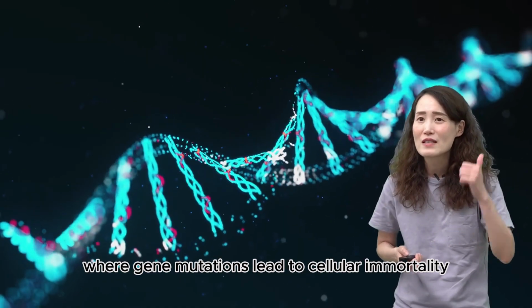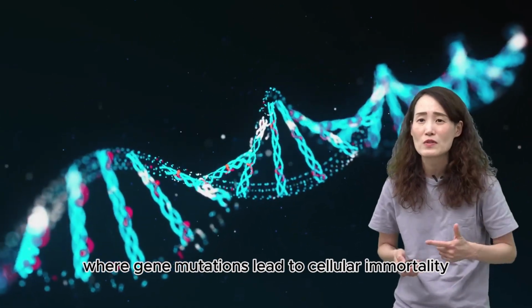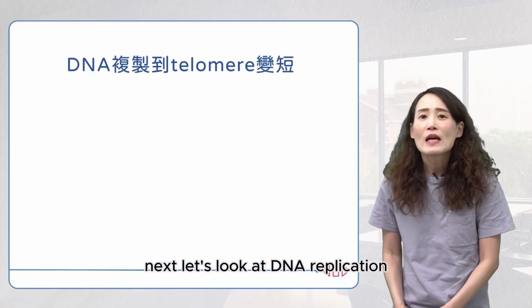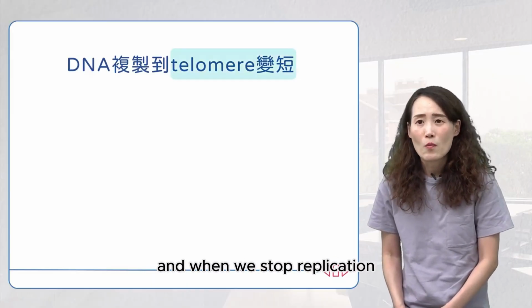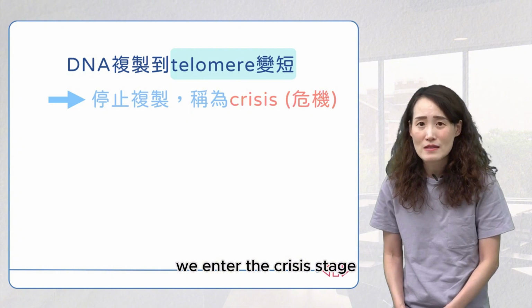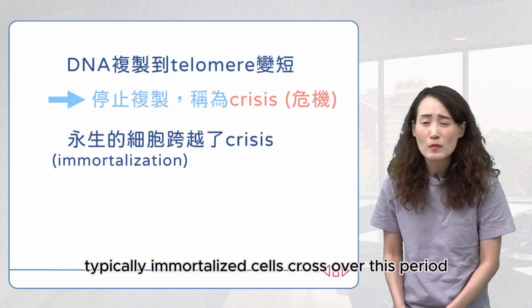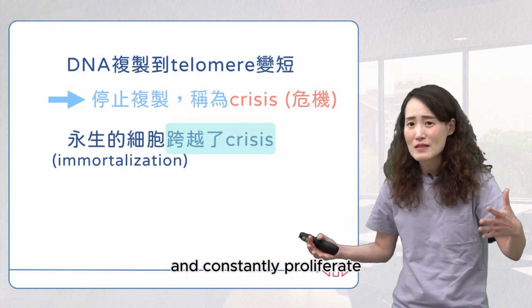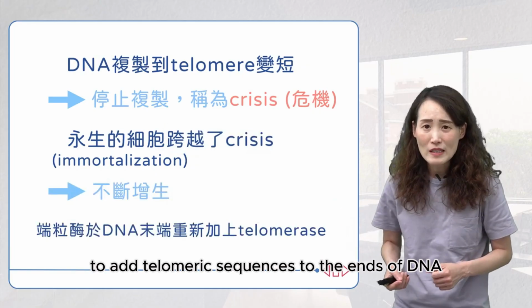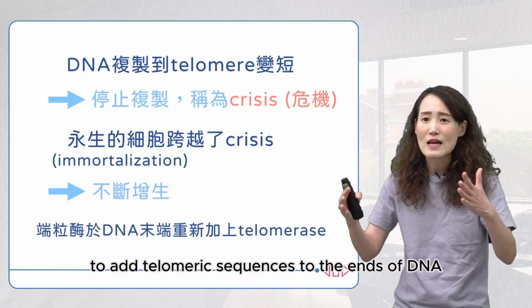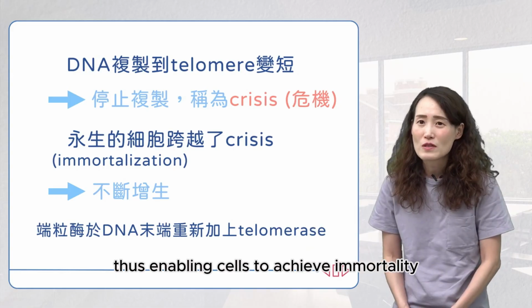This is cancer, where gene mutations lead to cellular immortality. Next, let's look at DNA replication causing telomeres to shorten, and when we stop replication, we enter the crisis stage. Typically, immortalized cells cross over this period and constantly proliferate, allowing telomerase to add telomeric sequences to the ends of DNA, thus enabling cells to achieve immortality.